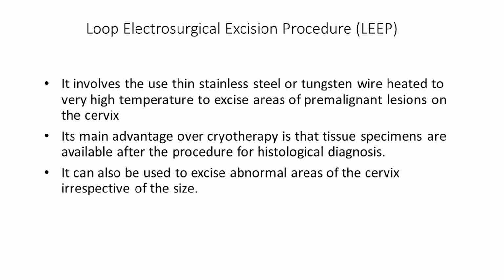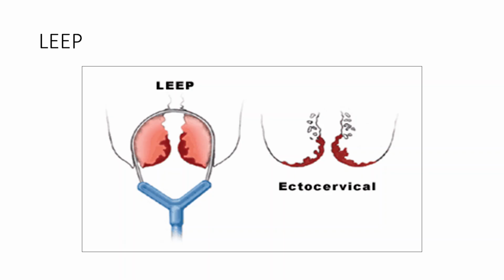Even lesions that extend into the canal or occupy the whole of the exocervix can be excised. That example of LEEP is a very thin wire heated to very high temperature, and it is used to cut the abnormal area of the cervix, which is the transformation zone.